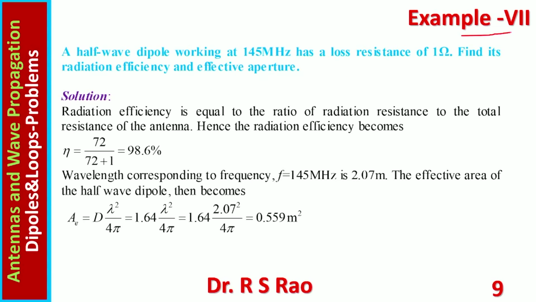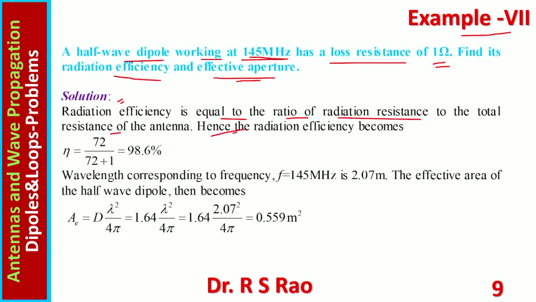Another problem, example 7. A half-wave dipole working at 145 megahertz has a loss resistance of 1 ohm. Find its radiation efficiency and effective aperture. This is on a half-wave dipole. Solution. Radiation efficiency is equal to the ratio of radiation resistance to total resistance.